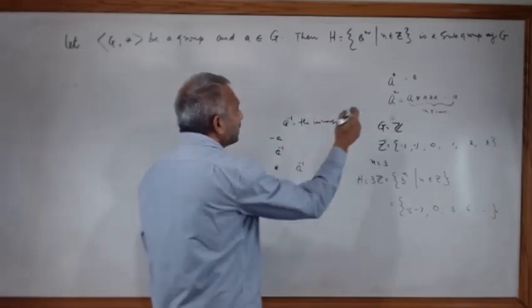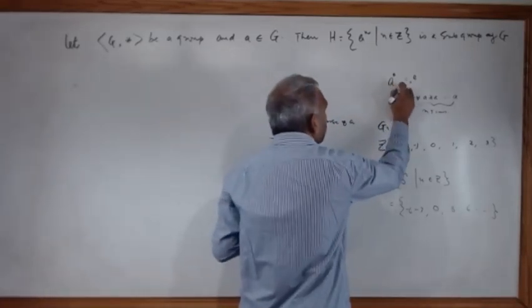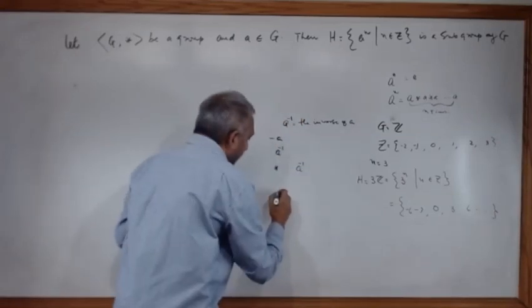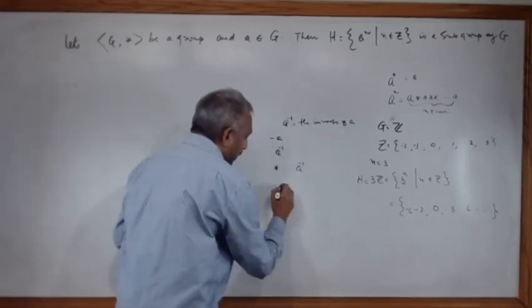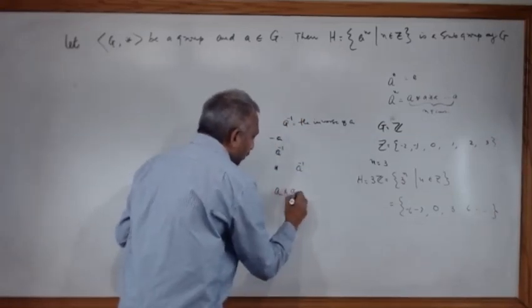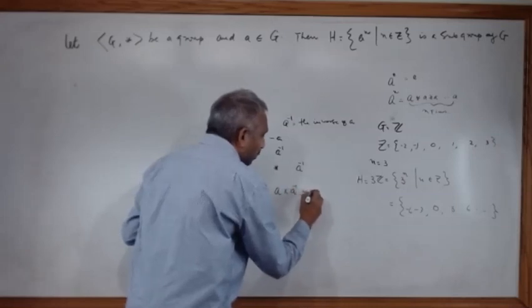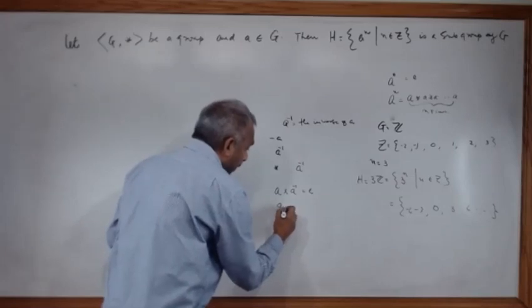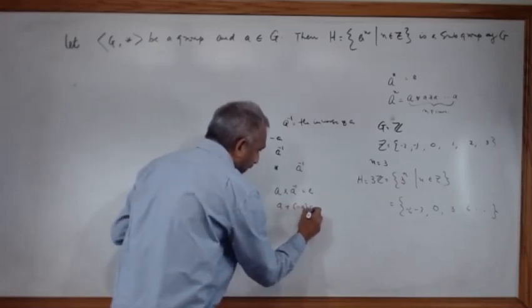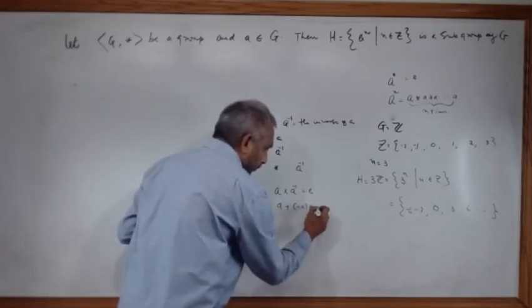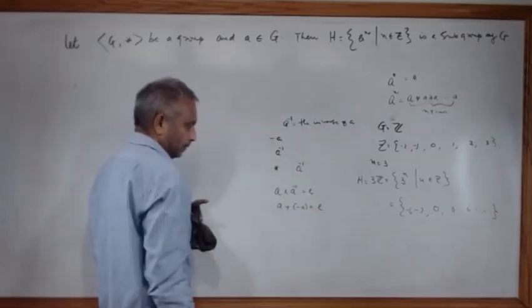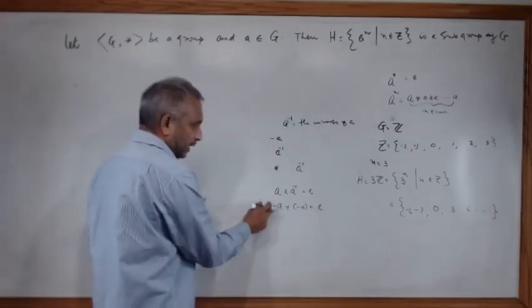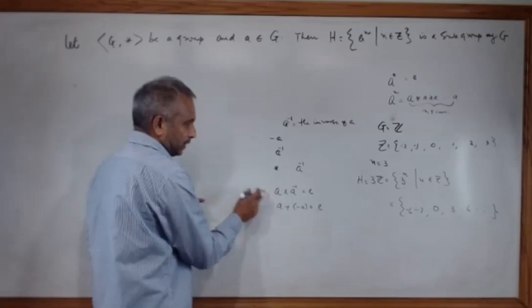So why does this notation hold good? Because a times a inverse is equal to e, or a plus minus a is equal to 0 or e. Both are identical. The only thing is the difference in notations.